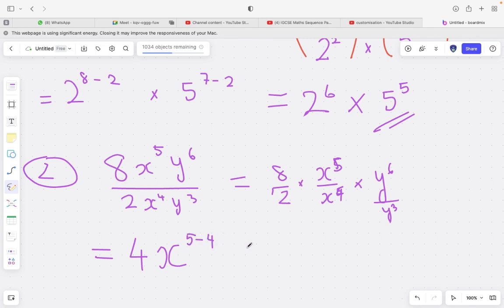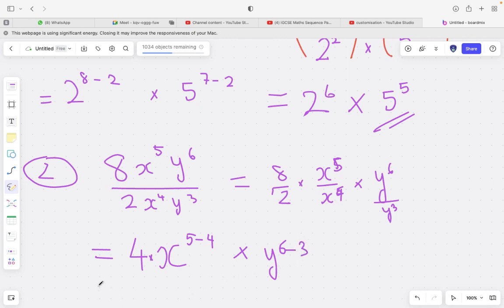Times y to the power of, this is division, second law now, y to the power of 6 divided by y to the power of 3. You say minus 3. Pay attention.